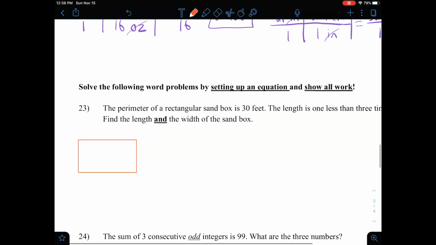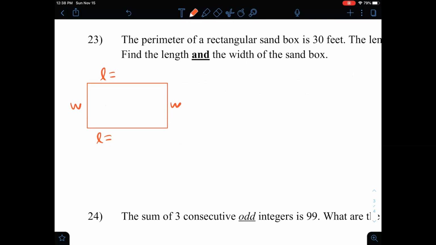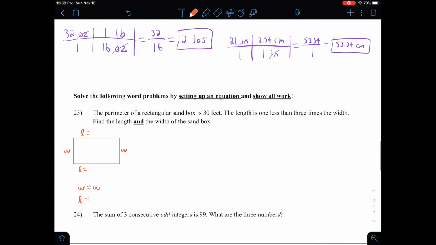Okay, so it uses the width to describe the length. We're going to just call the width w, like this. And the length is going to be equal to something, okay? So the width is just going to equal the width, right? But the length, what does the length equal? It says the length is 1 less than 3 times the width.